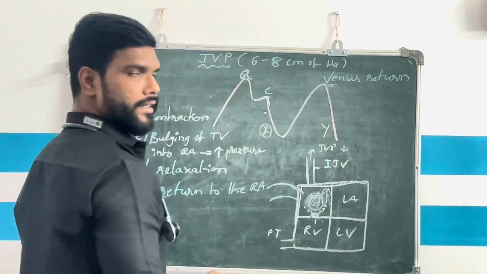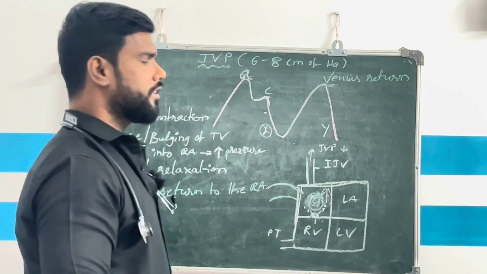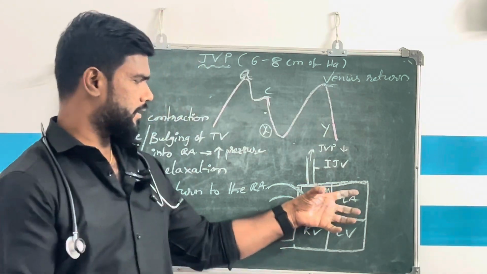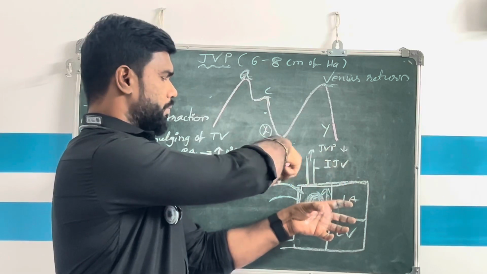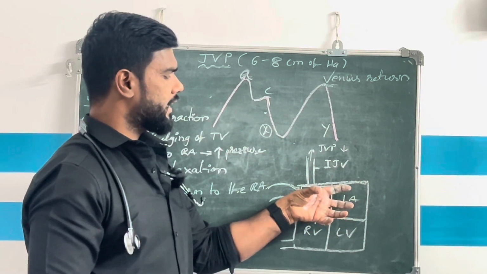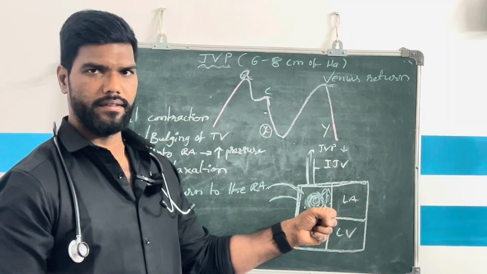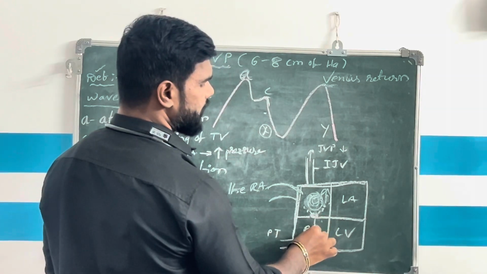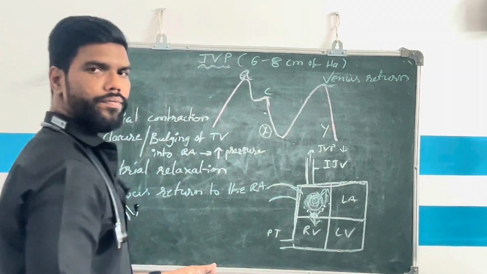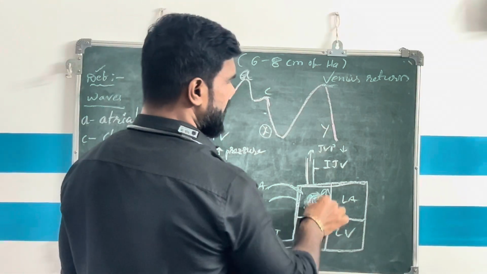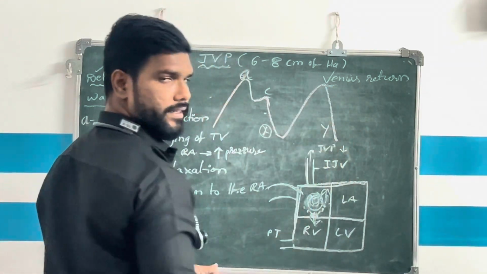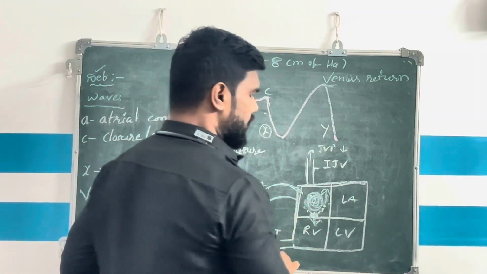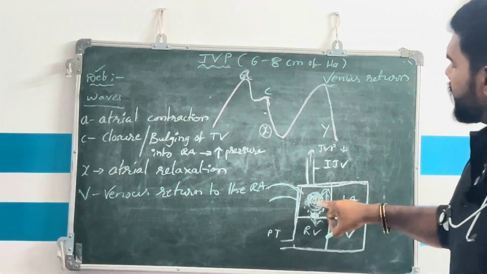After the venous return, the right atria is filled with the blood. What happened next? When the atria is relaxed, it is filled with the blood from the superior vena cava and inferior vena cava, then again it leads to contraction. Right? During this contraction, the blood is pumped into the right ventricle. That produces the Y descent. Negative means when the blood from the atria is pumped into the right ventricle, the volume is decreased in the right atria.